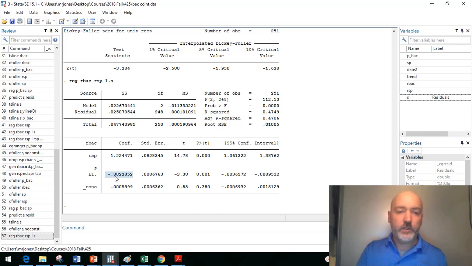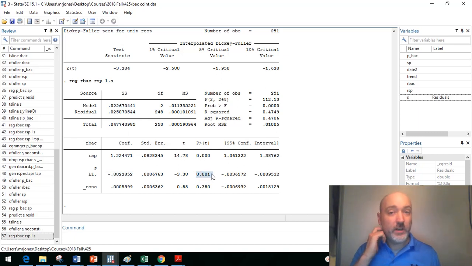So the coefficient here, this negative 0.002, significant beyond 1%, beyond 99% confidence, tells us just that we have this correction towards long-run equilibrium. So we could use that as our superior prediction model over and above just a simple time series CAPM.